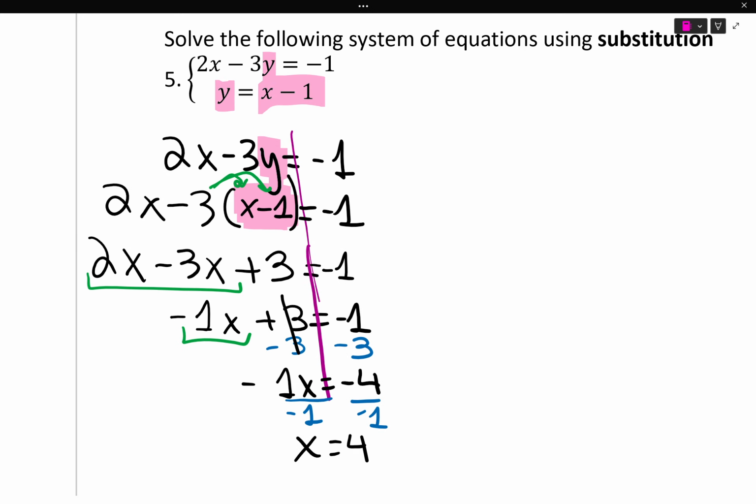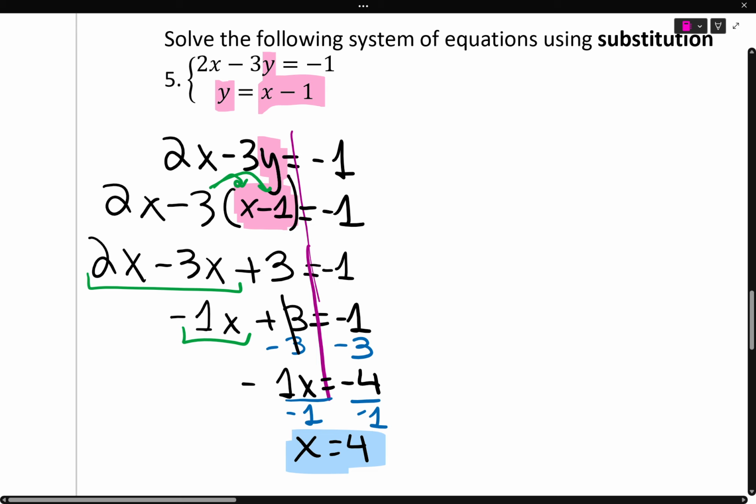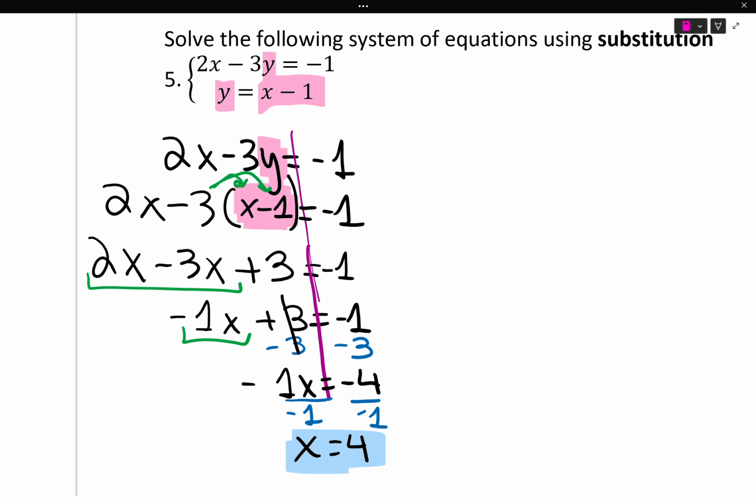I know that was a lot of work, but we're not quite done. We have one more little thing to do, and then learning the proper way of writing our answers. All right. We found out that x equals 4, perfect, but we have x's and y's. What I'm going to do is take this y equals equation and plug in the x that we found.